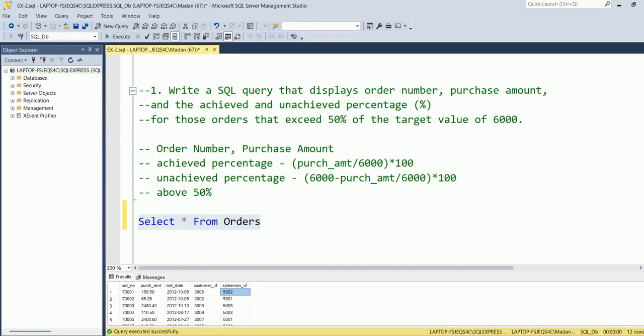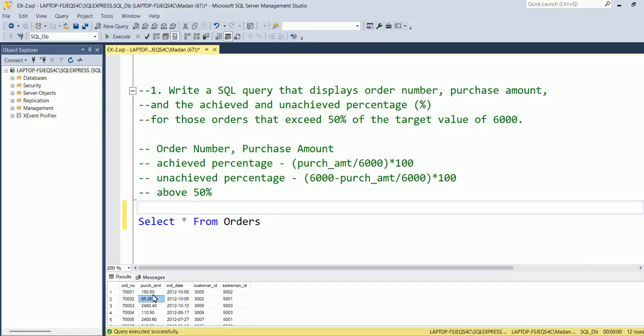What do we have to display? We have to display the order number, the purchase amount, and the achieved and unachieved percentages. That will be based purely on the purchase amount with respect to the given target value, that is 6,000. The achieved percentage will be the purchase amount divided by 6,000, and since we need to show it in percentage, multiplied by 100.